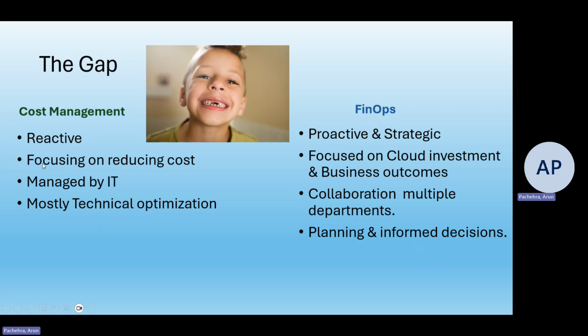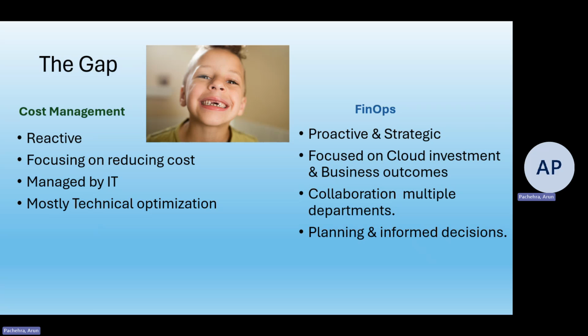Cost management is often reactive, focusing on reducing costs after they've been billed. So people get active and start asking, why are we getting that much of a bill? It's usually managed by the IT team with tools and processes aimed at technical optimization through Azure Advisor, Azure Cost Management, things like that. On the other hand, FinOps is proactive and strategic.